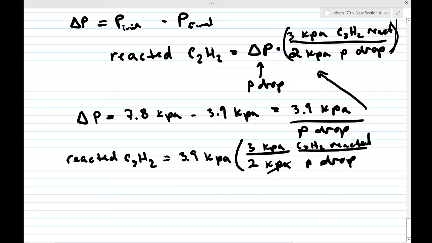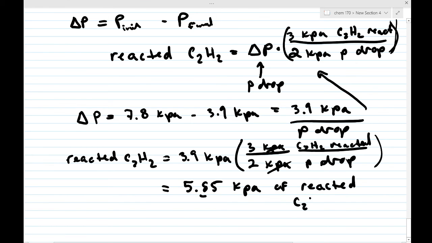Kilopascals cancels out, and we end up with 5.85 kilopascals of reacted C2H2.